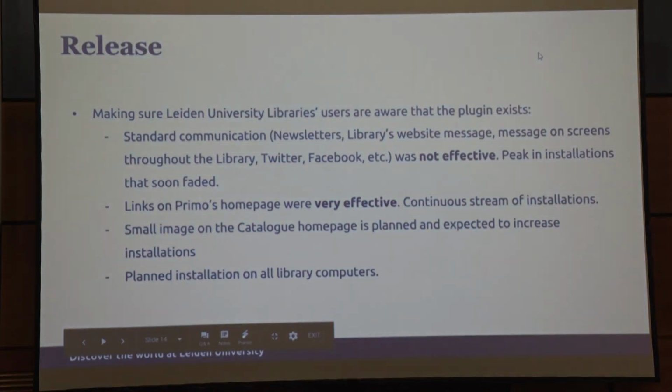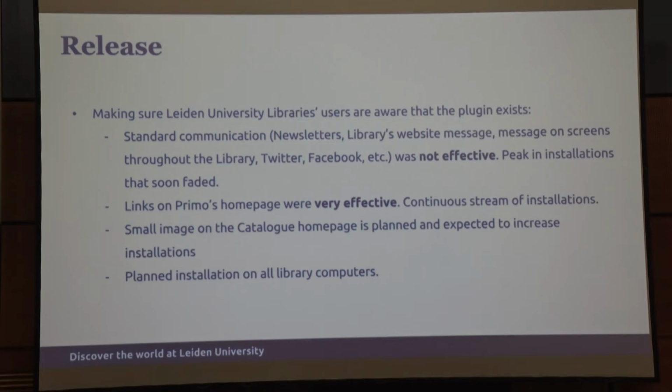So, okay, we made this awesome plugin. Now we would like our users to use it because we think it's useful. How do we achieve that? Well, it wasn't simple. We realized that standard communication, which is using our newsletters, the library website messages, messages on the screen throughout the library, Twitter and Facebook, weren't very effective.